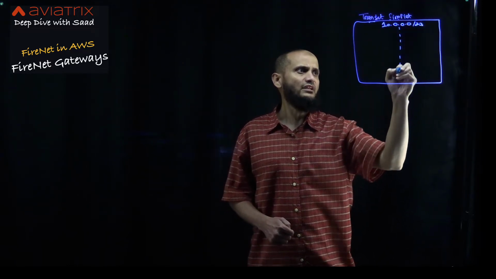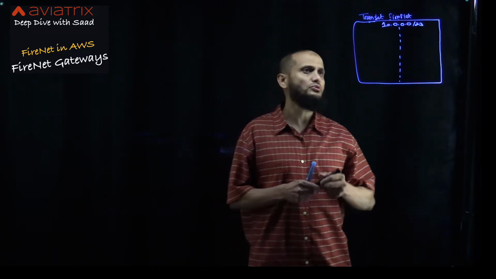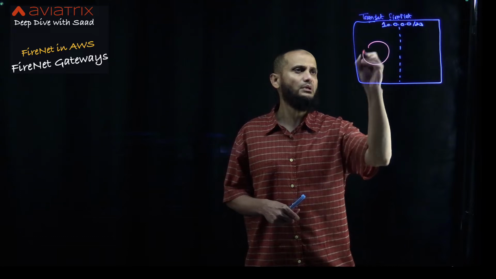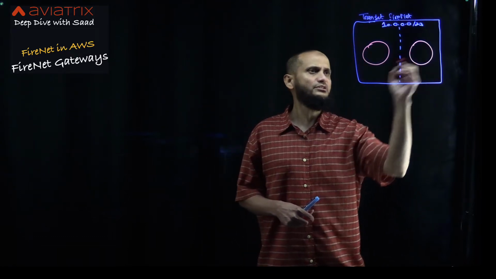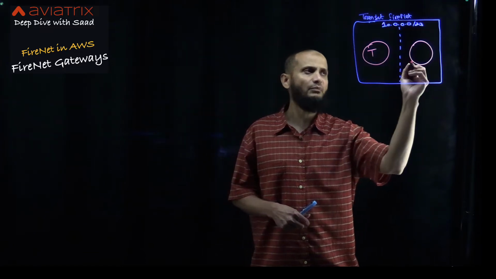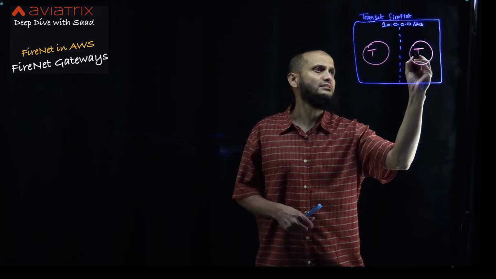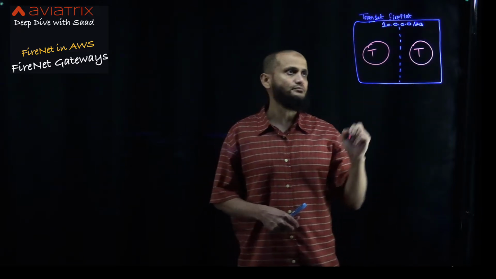There are two availability zones, and we are going to draw two Aviatrix gateways per availability zone. So this becomes your transit FireNet, which is a primary gateway, and this is your transit HA gateway.